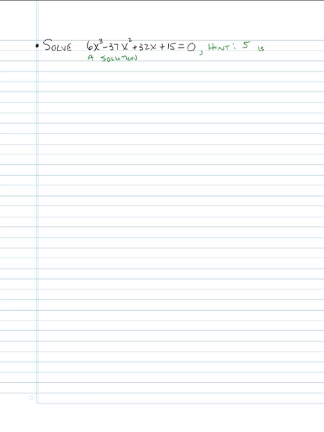So find all other solutions. So 5 is a solution. That means if we put 5 in for x, we're going to get a 0 on the left side. Now, here's the way this hint will help us. Remember the relationship. What's the relationship between solutions and factors?